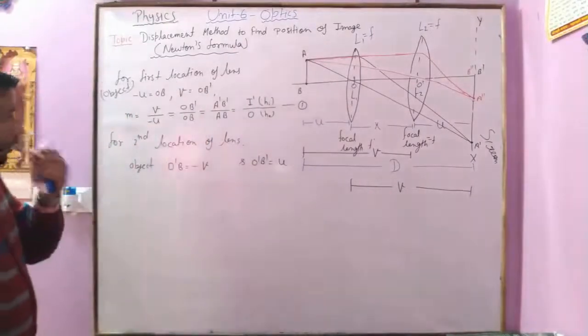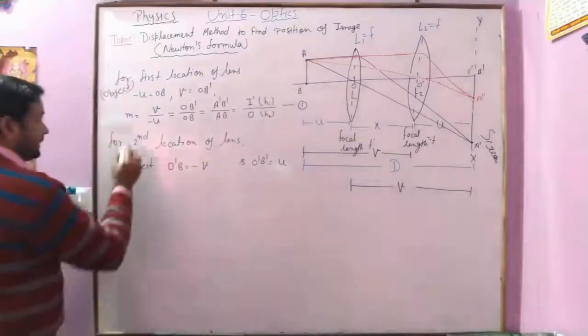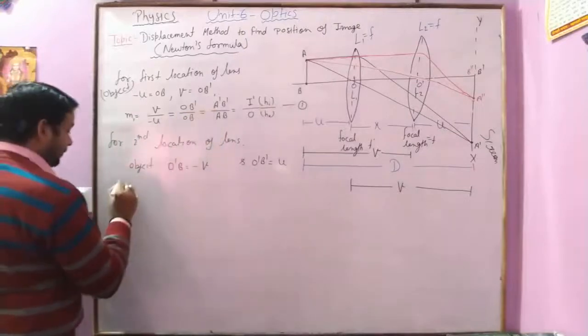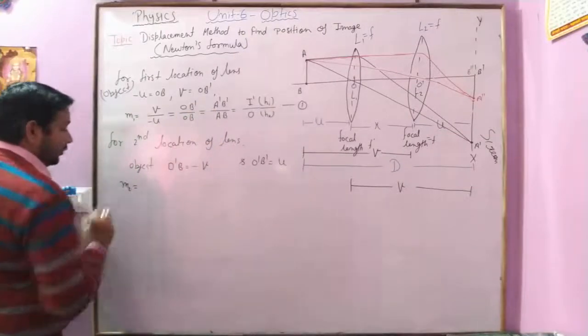From the figure, let's say M1 is for location 1 and M2 for location 2.